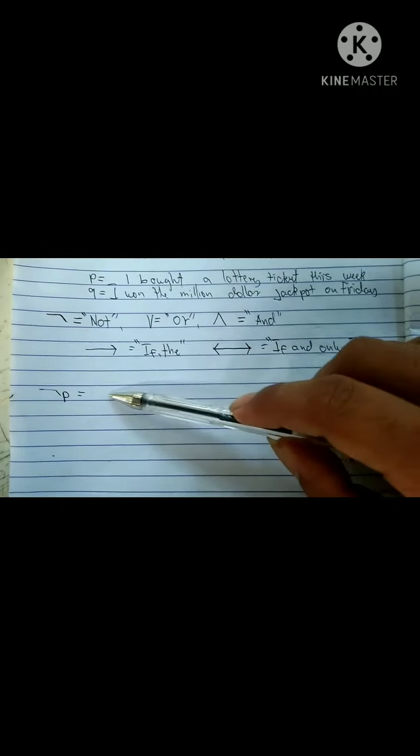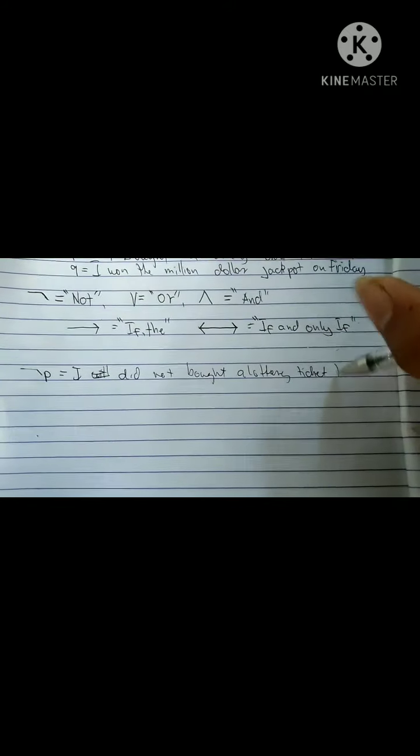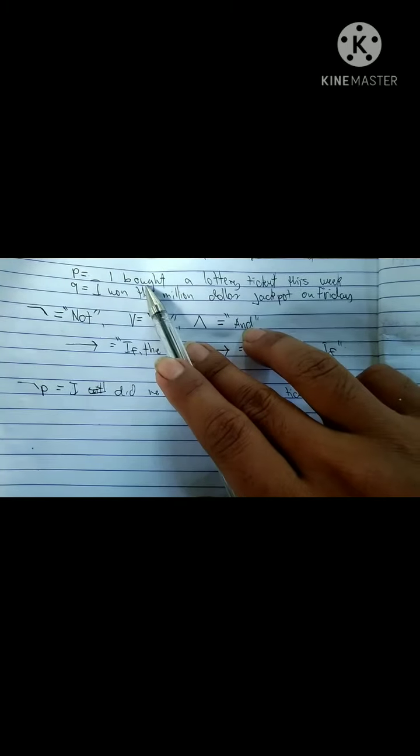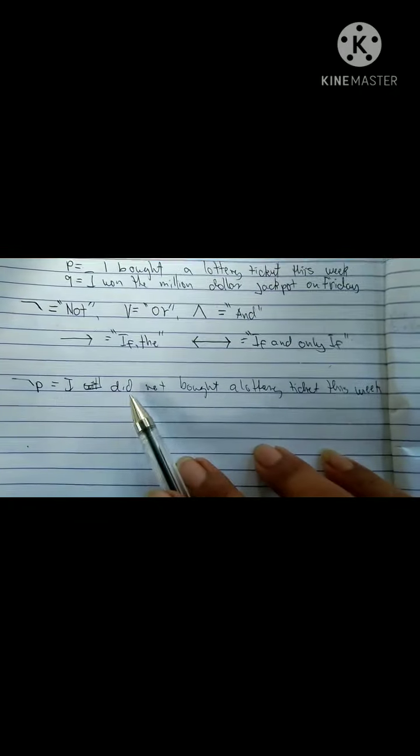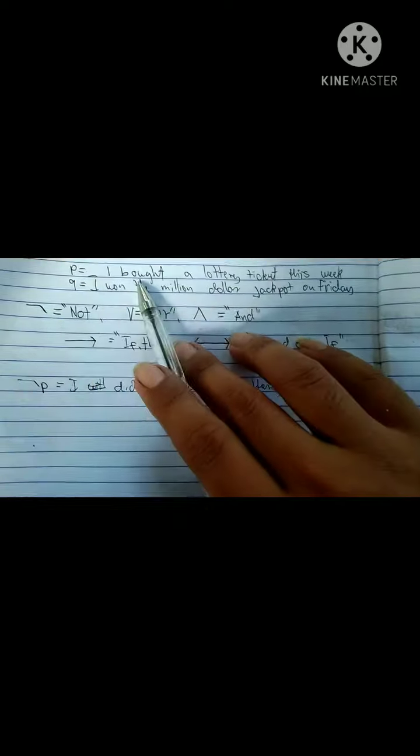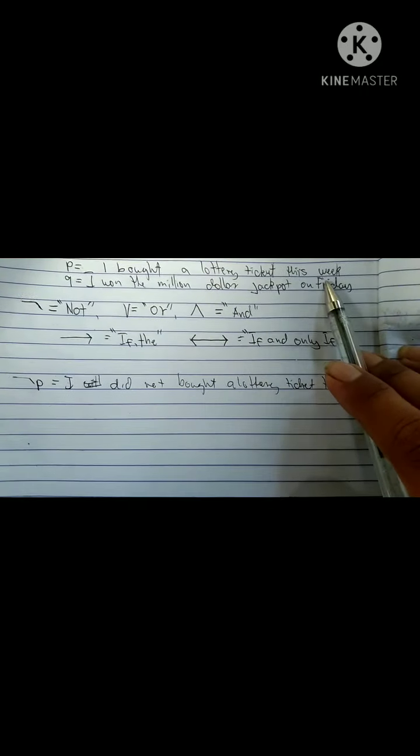If you negate it, that will be "I did not buy a lottery ticket this week," because P is "I bought a lottery ticket this week."